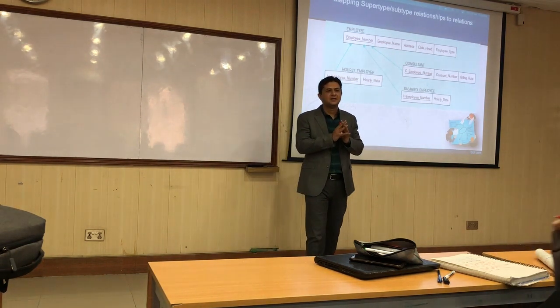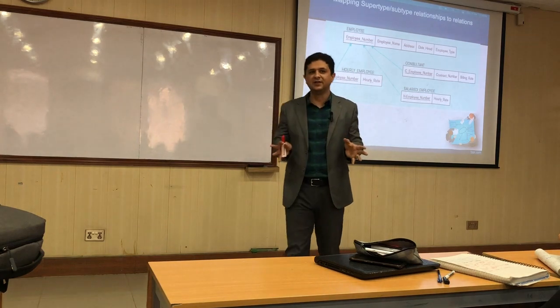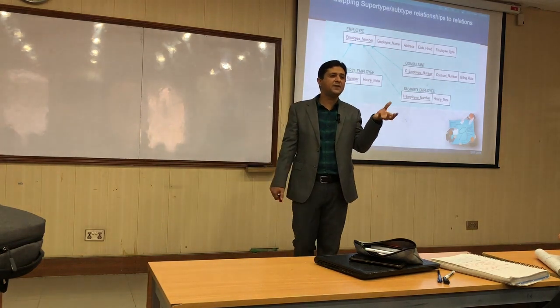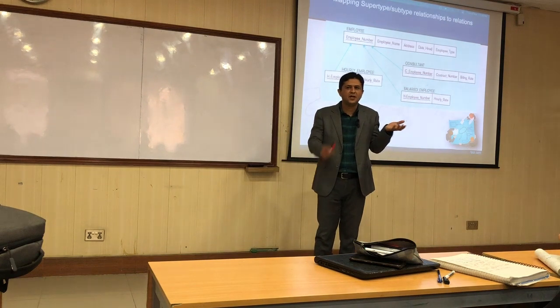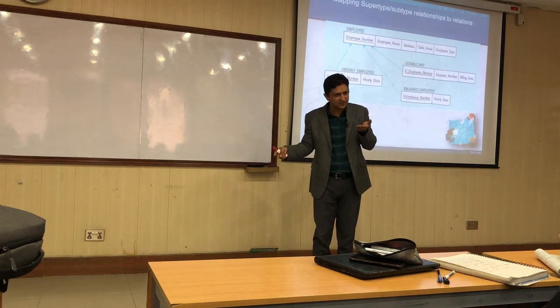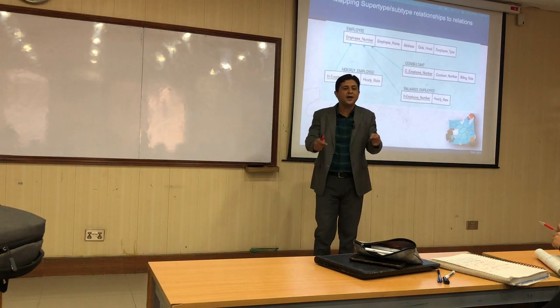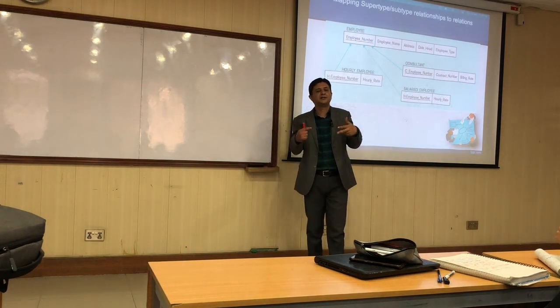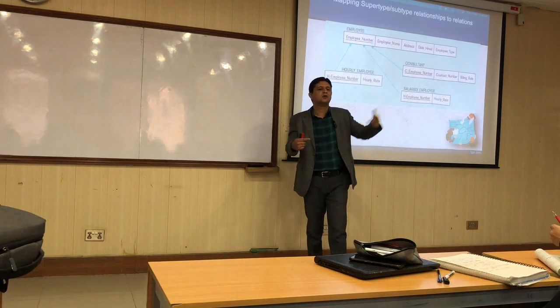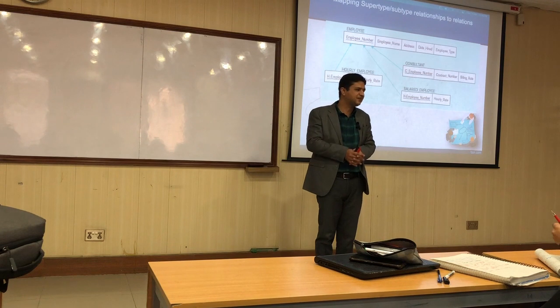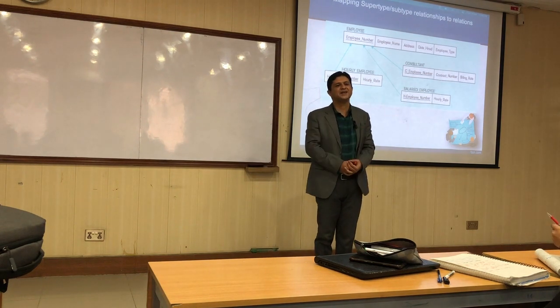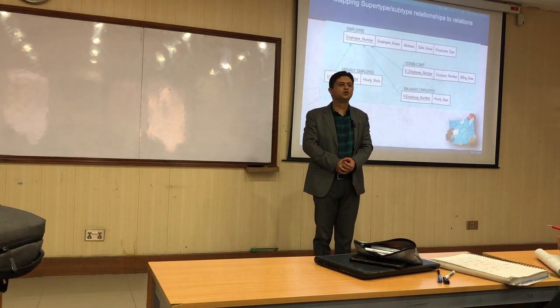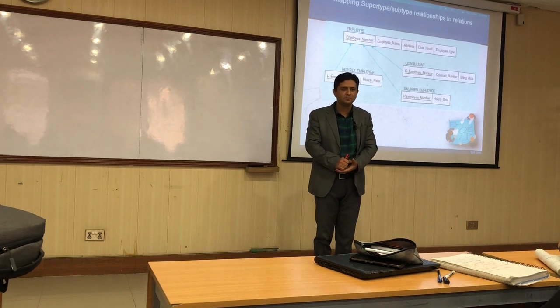So it is not possible that a supertype instance is related to more than one instance of the same subtype, or a subtype instance is related to more than one instance of the supertype. Because of this, there is a 1 to 1 cardinality relationship between the super and the subtypes. I believe that this concept is clear to everyone.